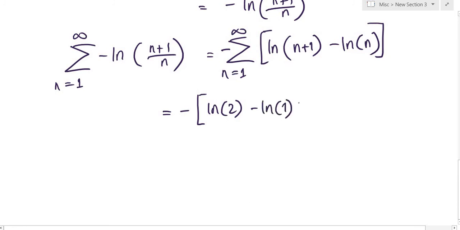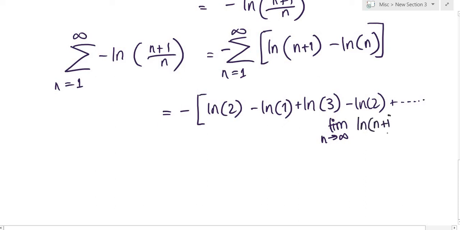And then when n is 2, we have the natural log of 3 minus the natural log of 2, and this craziness goes on until we have, say, the limit as n goes to infinity of the natural log of (n plus 1) minus the natural log of n.